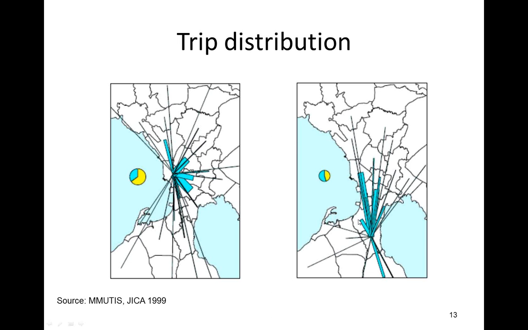But even though there are fewer jobs available in close proximity, some people still go there primarily because of convenience. So there are two important considerations: one is the attractiveness of the destination, and the other is the generalized cost of going there. If we take into account those two, we can then formulate a model that will replicate the decision for trip destination choice, or trip distribution.